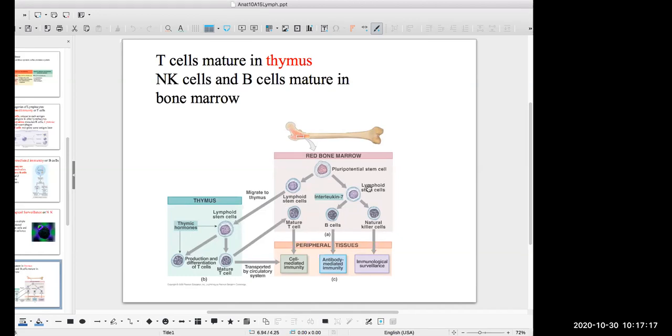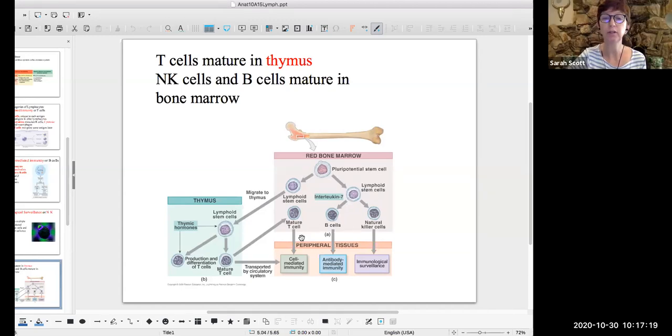The remainder of the products of the lymphoid stem cells are going to stay in the red bone marrow and become either B cells or NK cells. So you really have these three different groups that derive from the lymphoid stem cells, and only the T cells require the thymus to mature. Okay, thank you. You're welcome, Samantha.